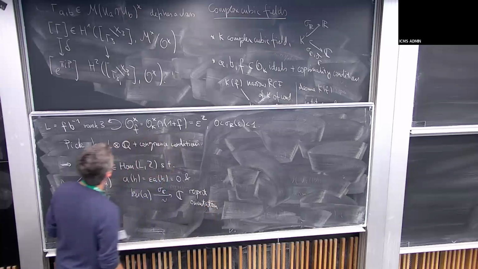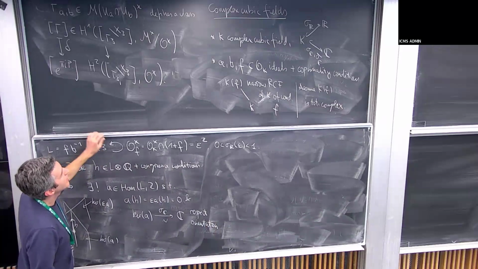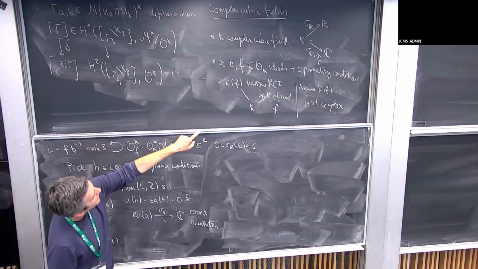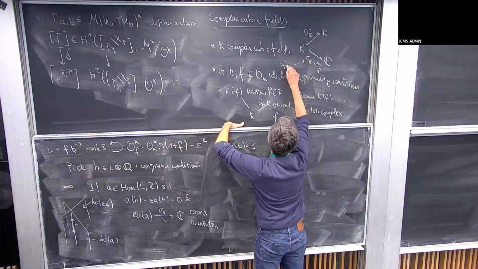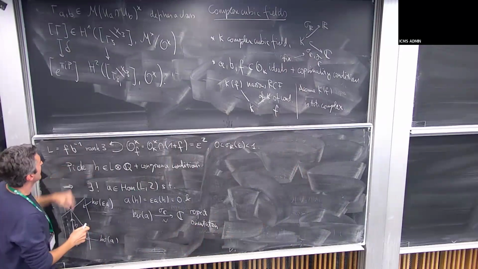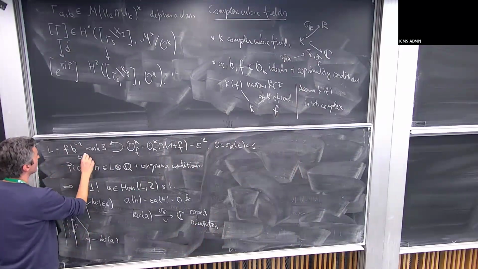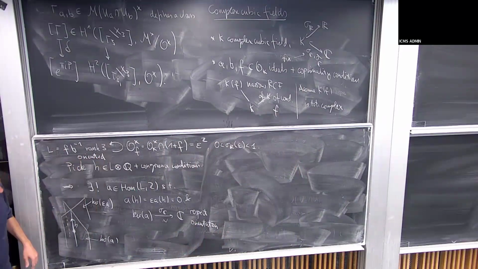So I'm going to fix this complex embedding, and this lattice of rank 3 is naturally oriented because I have this embedding. So my lattice's fractional ideal is naturally oriented.